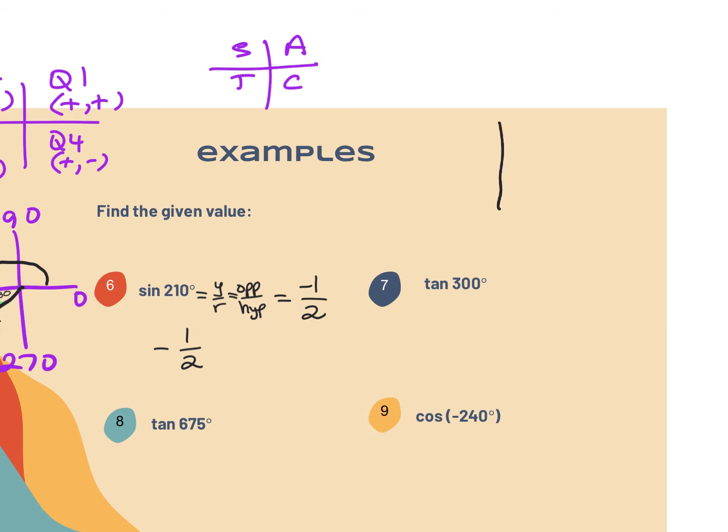So if I draw my little axis here, and again, 0, 90, 180, 270. If I swirl around here to get to 300, I'm going 90, 180, 270, and then I need to go 30 degrees more. So this is my 300-degree angle.